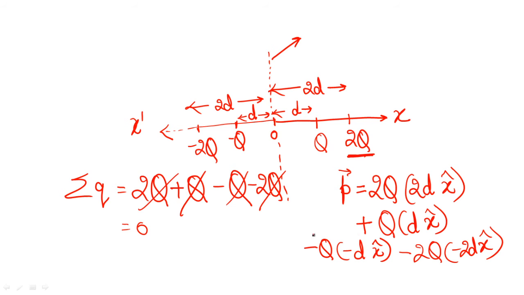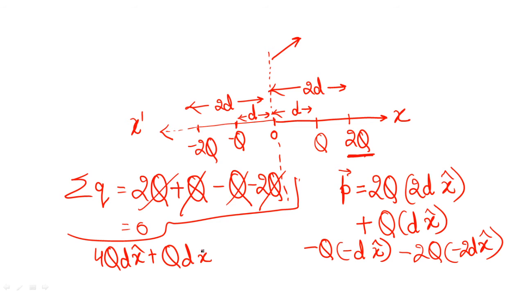Now when you simplify and solve it, what you will get, I'm just going to write it here right now, otherwise you may have doubts about the values. In the further steps of calculation, we get 4QD x cap plus QD x cap plus QD x cap plus 4QD x cap.